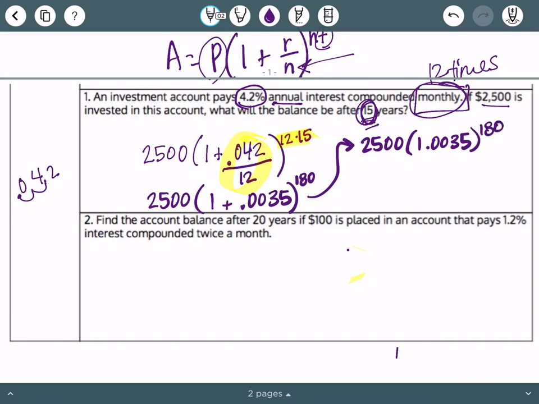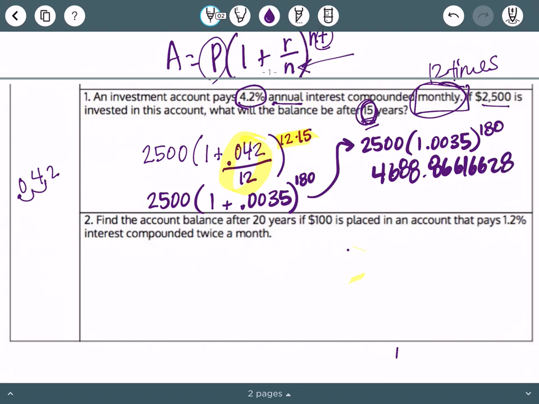For sure, sometime soon I want to type in my calculator. So I'm going to do 2500 parentheses 1.0035 to the power of 180. And the answer that it gives me is 4468.86616628.